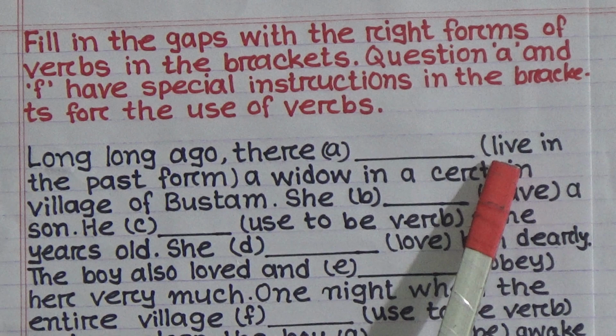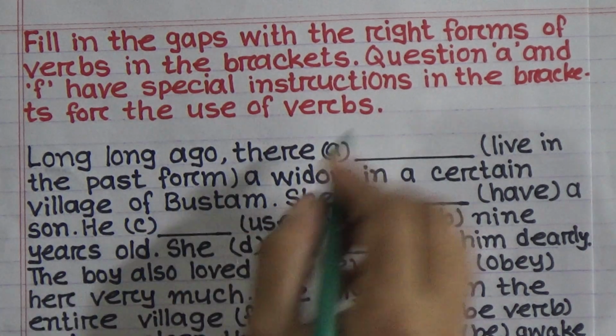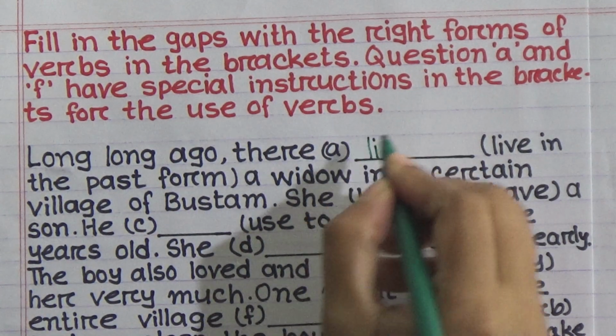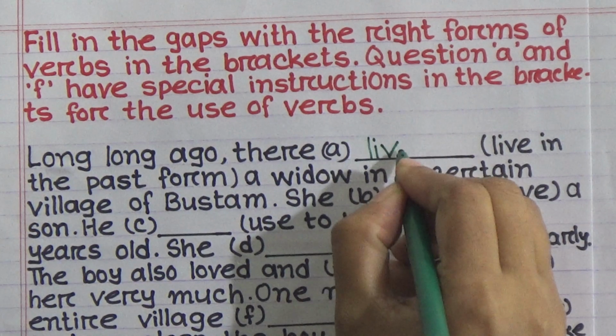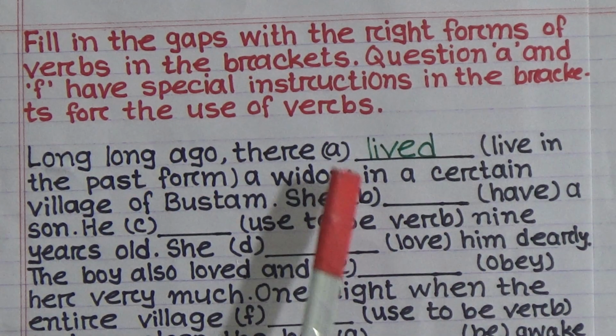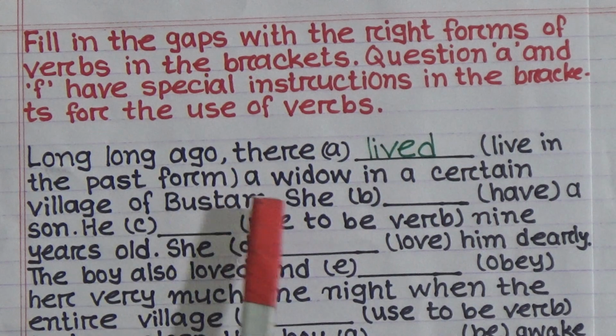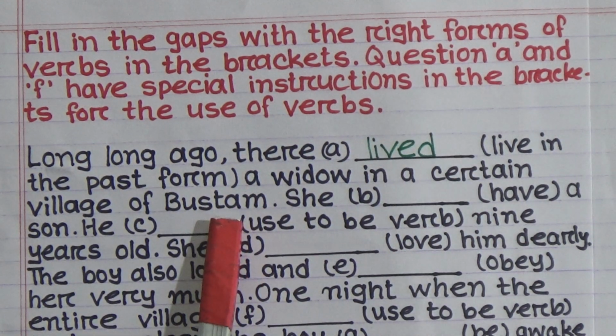So students, do you know what is the past form of live? I hope you know. Live is lived, spelled L-I-V-E-D. Lived. Long ago there lived a widow in a certain village of Fatema.